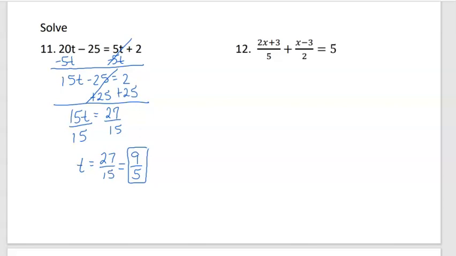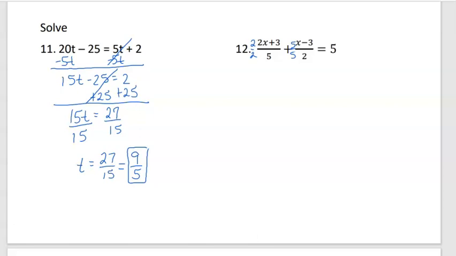Number 12, we have the fraction 2x plus 3 over 5, adding the quantity x minus 3 over 2, equals 5. What I'm going to do is multiply each fraction here by 1 in the form of a fraction. We have a 5, we have a 2. I'm going to multiply this one by 2 over 2, this fraction by 5 over 5.